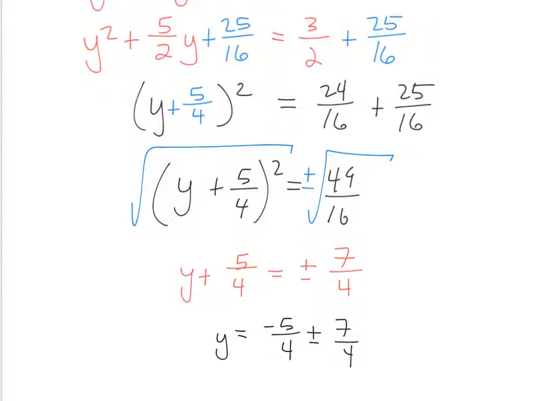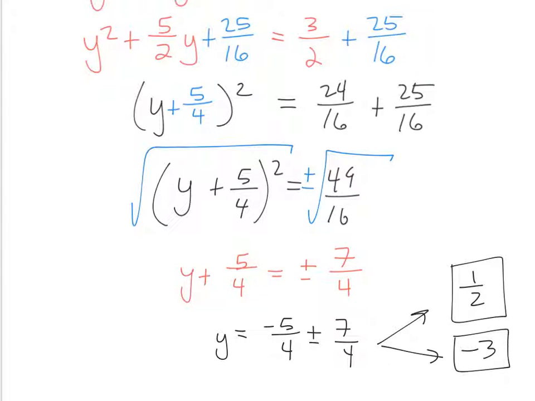Negative 5 plus 7 will give me a 2. Divided by 4 will give me 1/2. Negative 5 minus 7 is negative 12 over 4, or negative 3. So the answers that you get for this one are going to be rational solutions, because this was a convenient perfect square. 49 and 16 were perfect squares, which gave you a rational answer here for your solution.